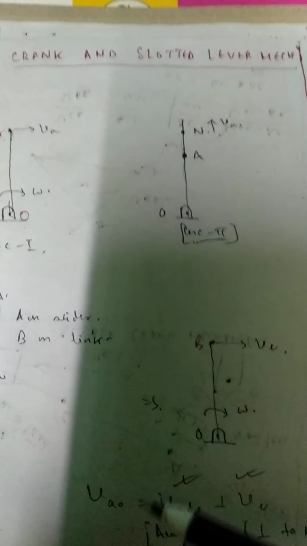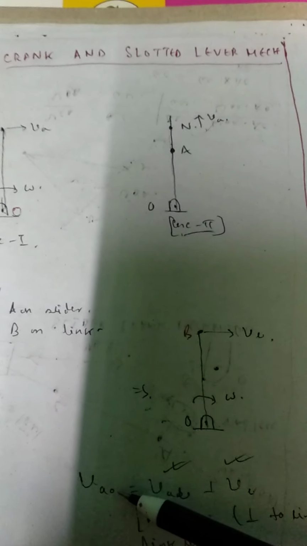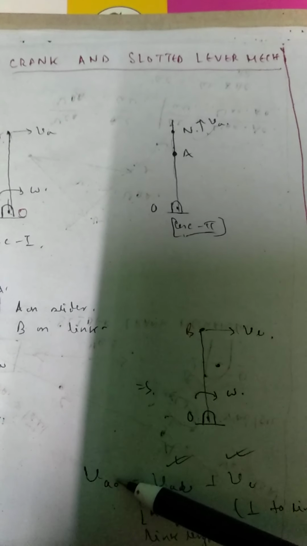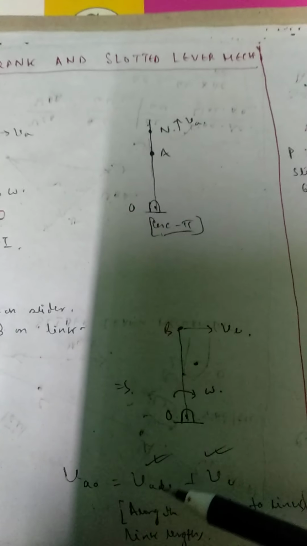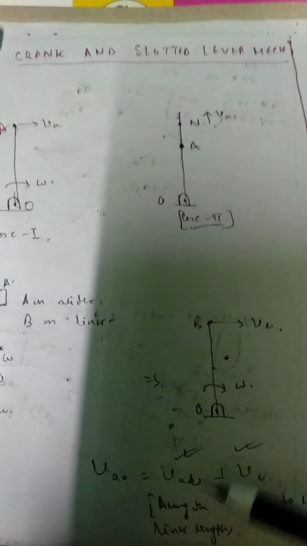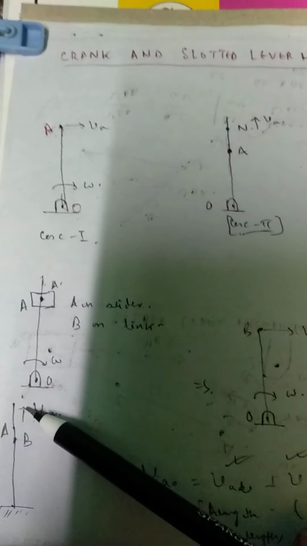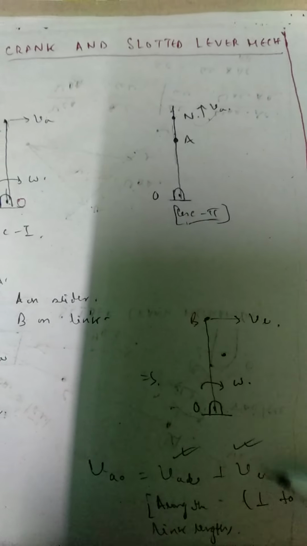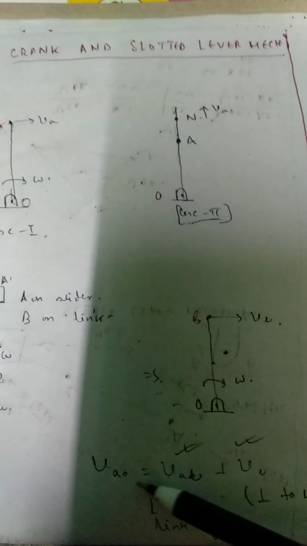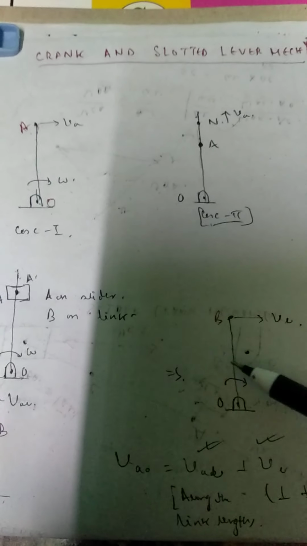Now if you want to find the velocity of point A on the slider with respect to the fixed point O, that is the summation of these two cases which I have found just now: VAB, the velocity of A with respect to point B, and VB, the velocity of B with respect to the fixed point O. So VAO is equal to VAB plus VB.